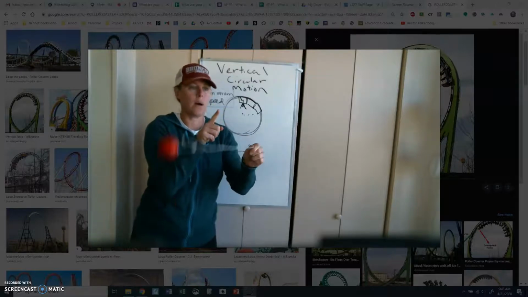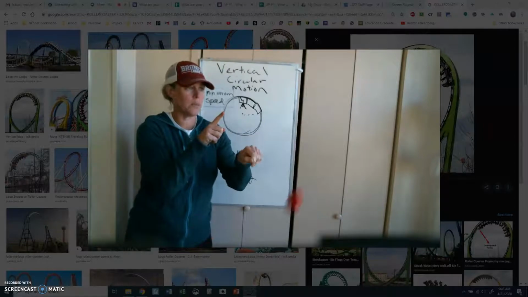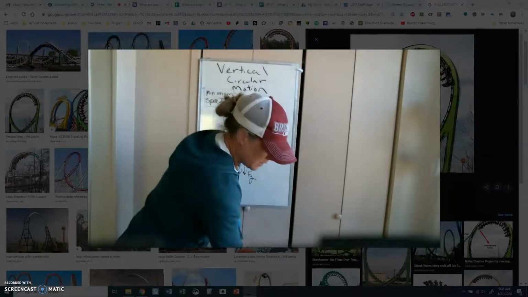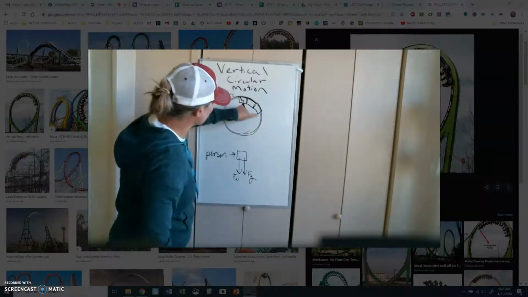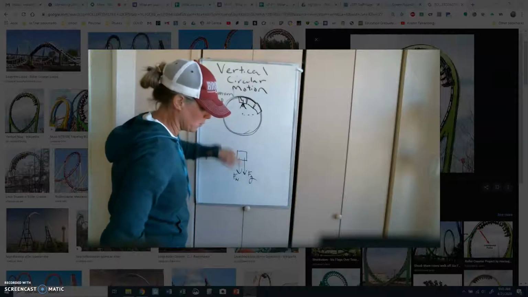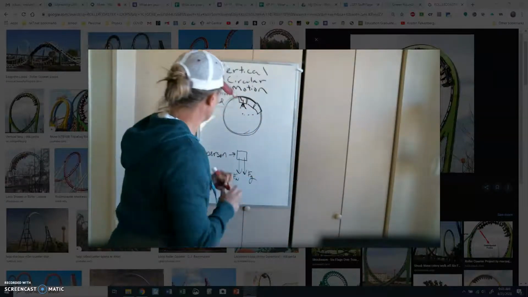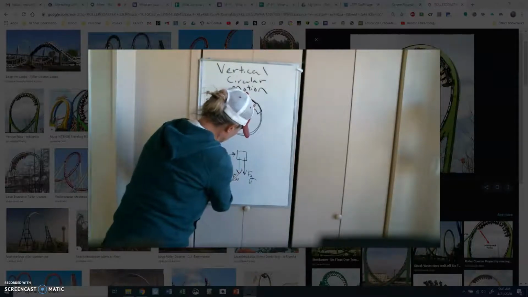So on this ball, you've got a tension keeping it in circular motion, but what if the tension goes to zero? This normal force is keeping you in circular motion. So the minimum speed comes up with force normal equals 0.